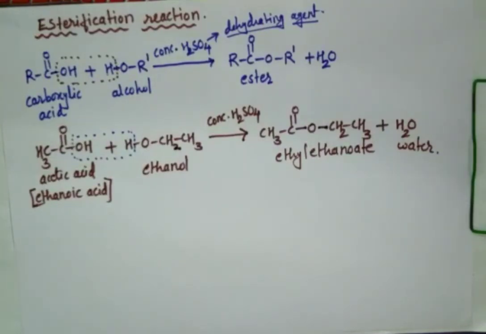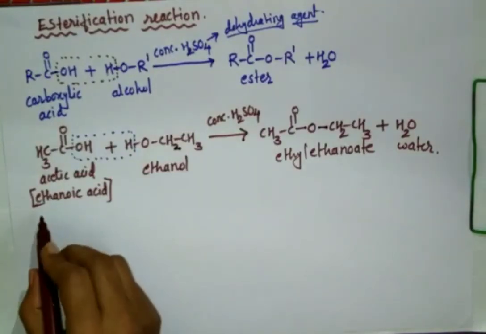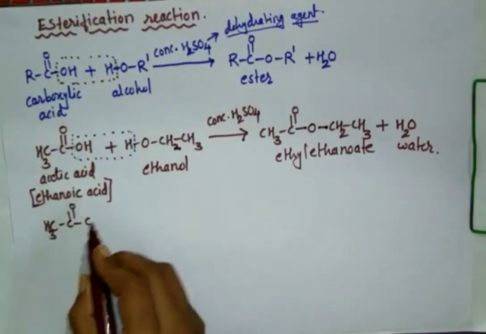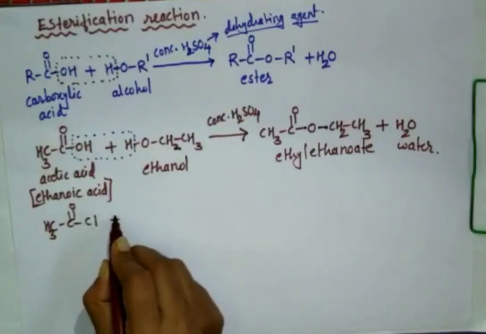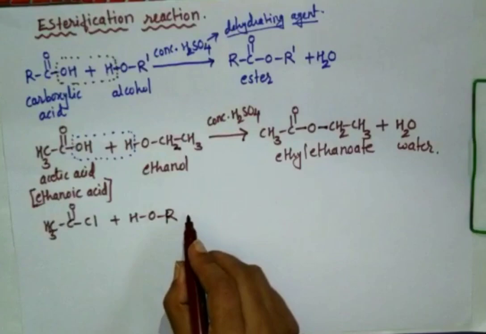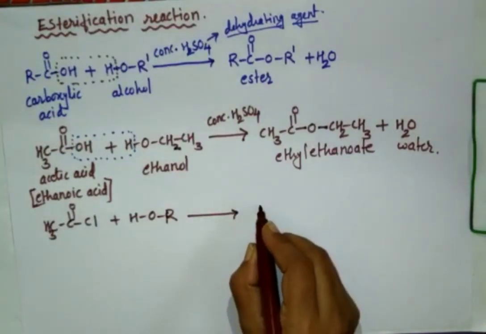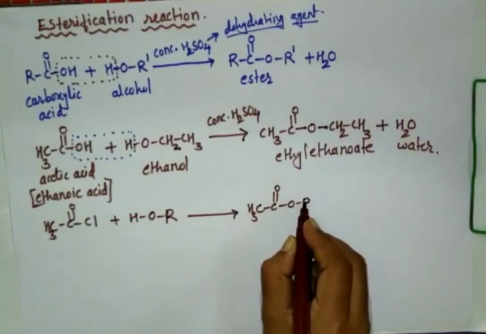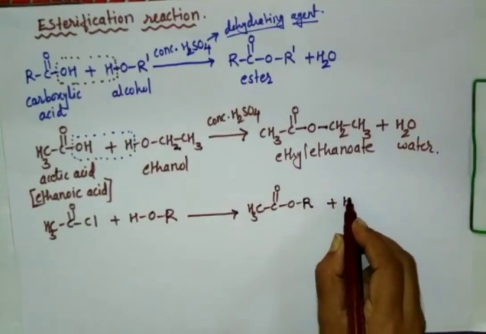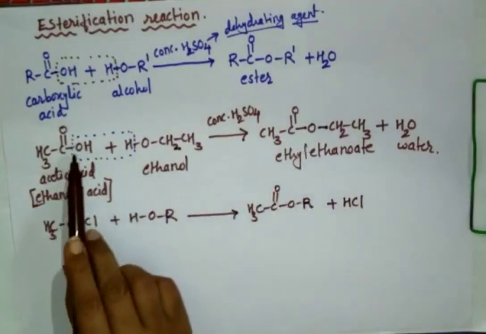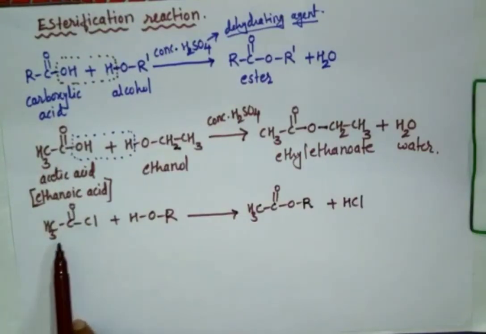So here, instead of taking the carboxylic acid, we can take an acid halide, RCOCl, and the same reaction, I will take the general reaction with R, and it gives us RCOOR plus HCl.